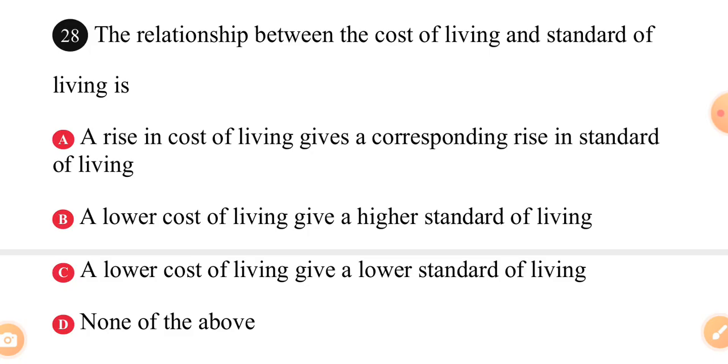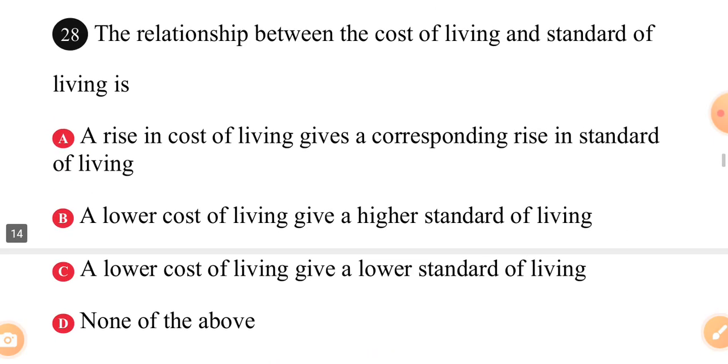B, a lower cost of living gives a higher standard of living. C, a lower cost of living gives a lower standard of living. D, none of the above.